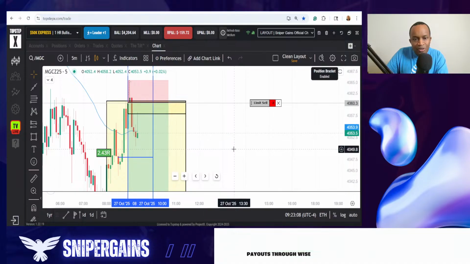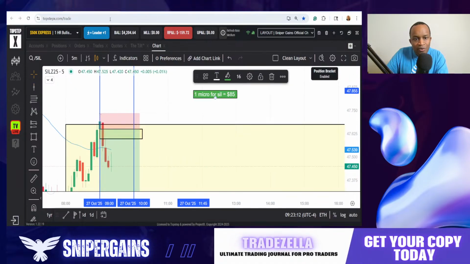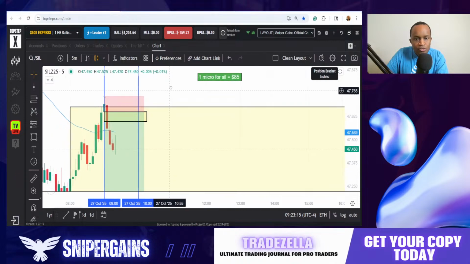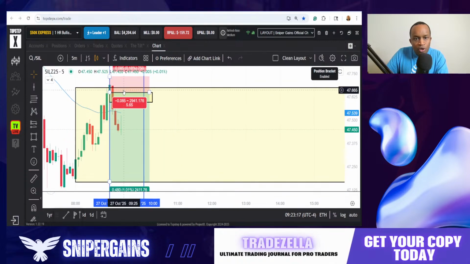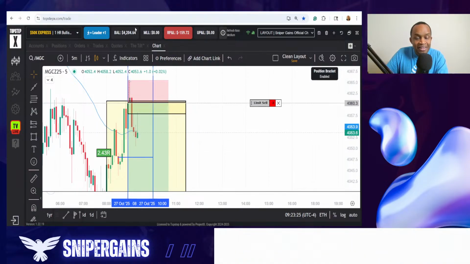That's the $1 million question that I've been trying to think about during this whole scenario. Because it could fill and drive down and I'd miss a really good trade. But at the same time, it could open, take out that high, and just keep pushing hard.